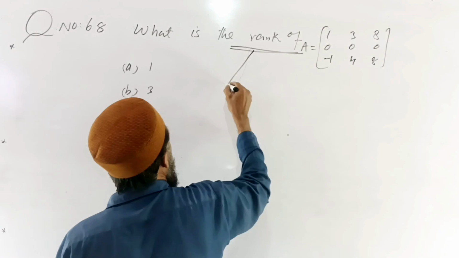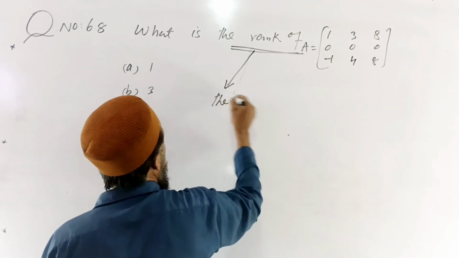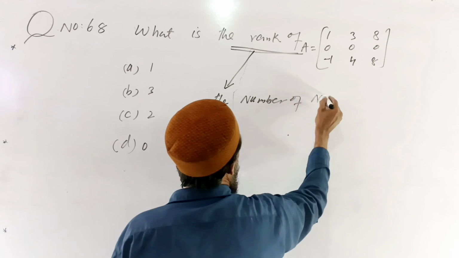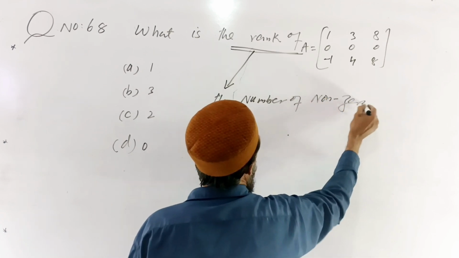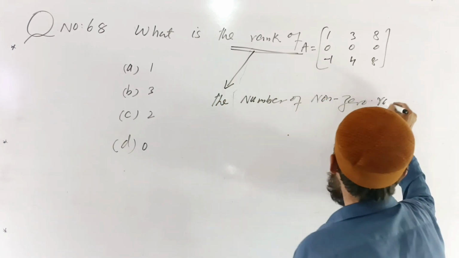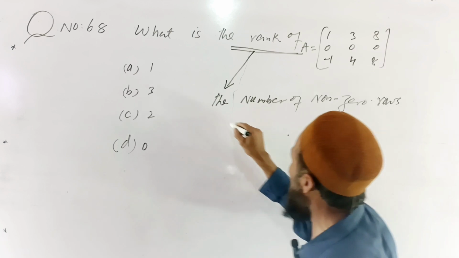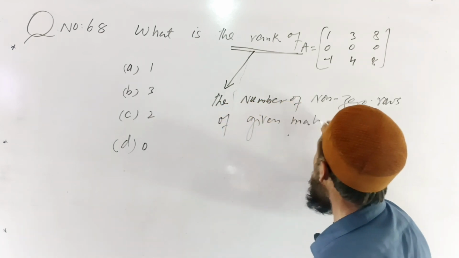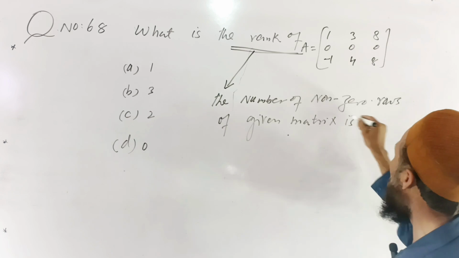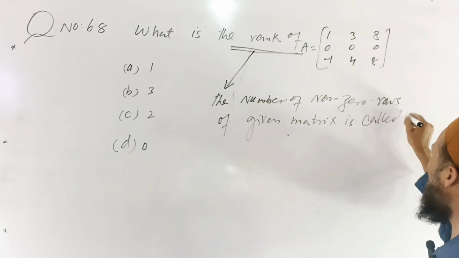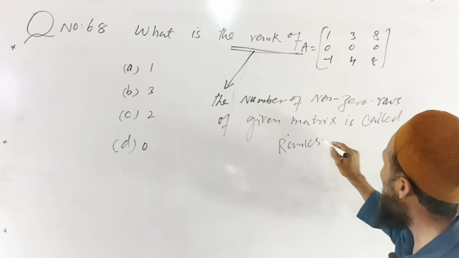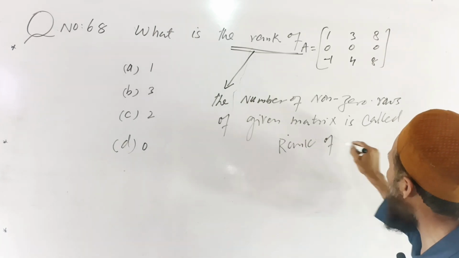The number of non-zero rows of a given matrix is called the rank of a matrix.